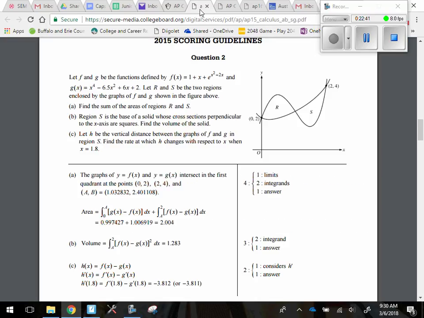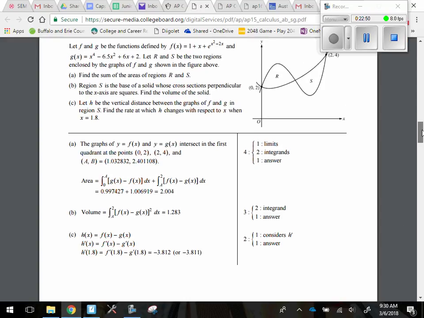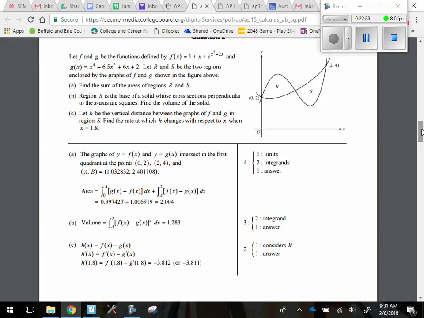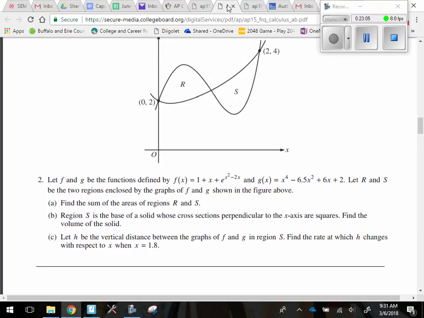R was, yeah, because it should be 1 point. They're both about 1. Priya, the answer to part C is negative 3.8. Did you round? Could be. Negative 3.8.